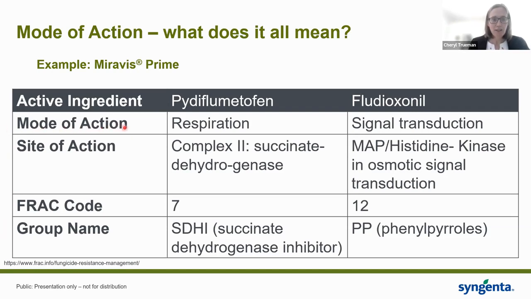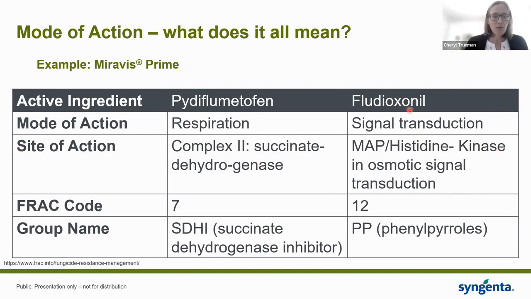The mode of action is the process that's impacted in that fungus when that chemical is applied. So for pydiflumetofen, it's fungal respiration, and for fludioxonil, it's signal transduction. And then the site of action is where that's happening.